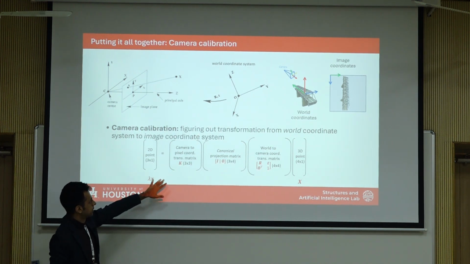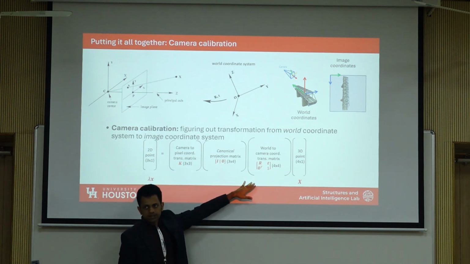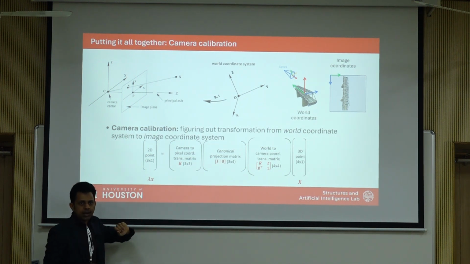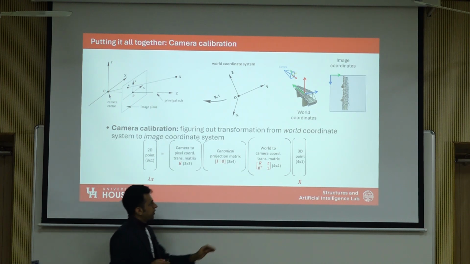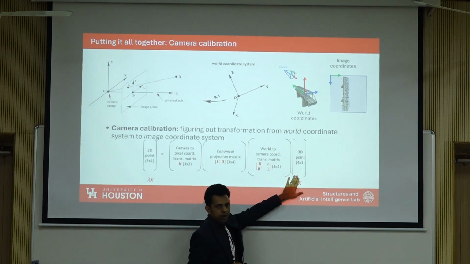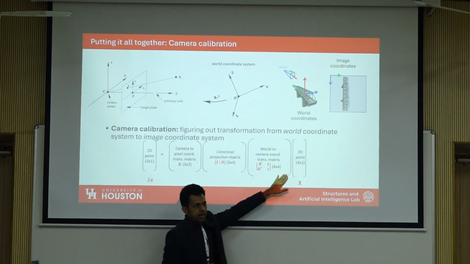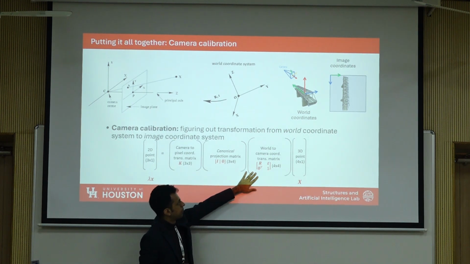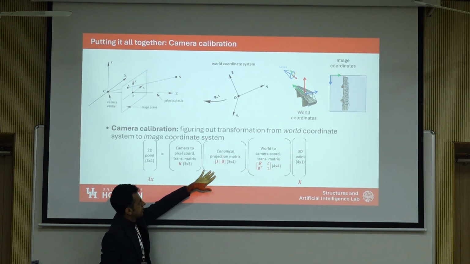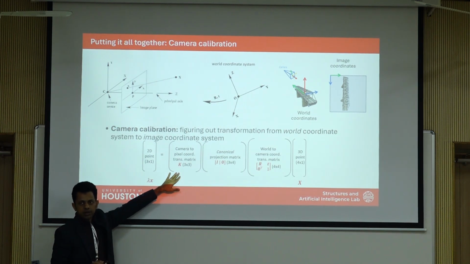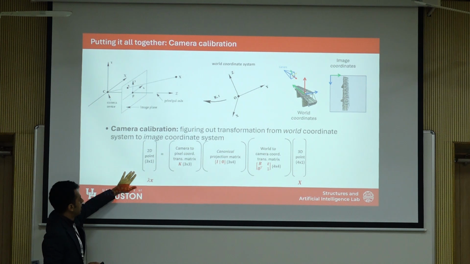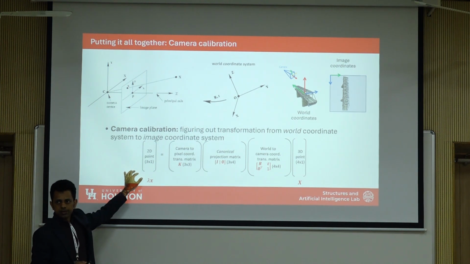Okay. And then we have the 4 by 4 matrix that we saw earlier, which does the world to camera transformation. So now if I have a 3D point in homogeneous coordinates, I transform it into camera coordinates, I apply this canonical projection matrix, and then I can transform it into image coordinates. And the output that I get is a 2D point. Okay?